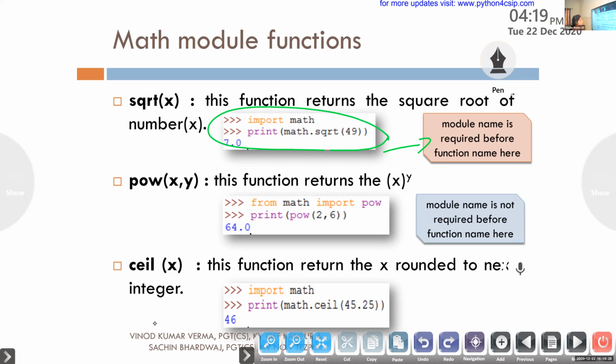This function returns x rounded to the next integer value. Understood? Ceil function. Very simple, right? Power function, sqrt, and ceil function.